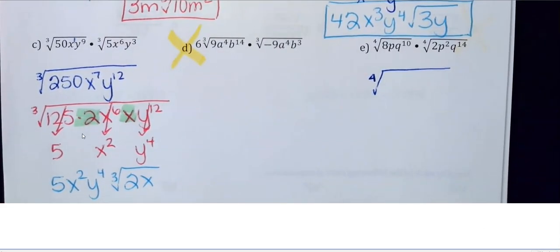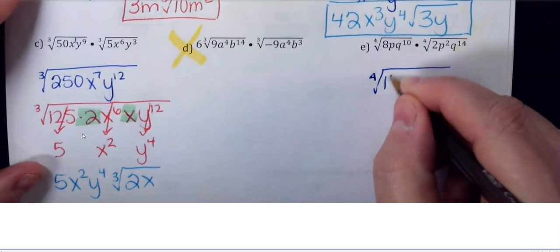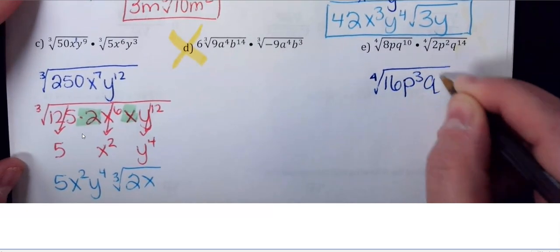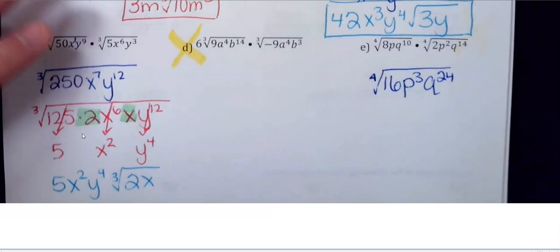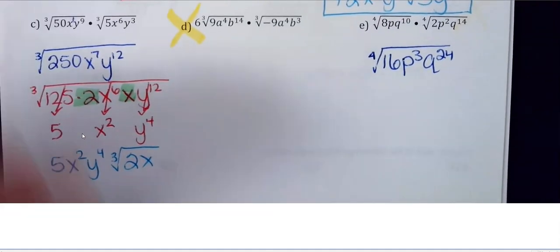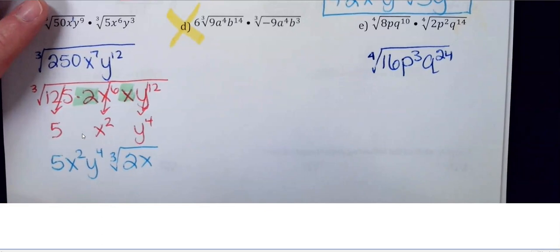Can anybody tell me, if you put it together with the multiplication, what you got under the 4th root when you first started it? What'd you get? 16. Perfect. Okay. How did you break it apart at all? Oh. No, like, what did you do as your next step?